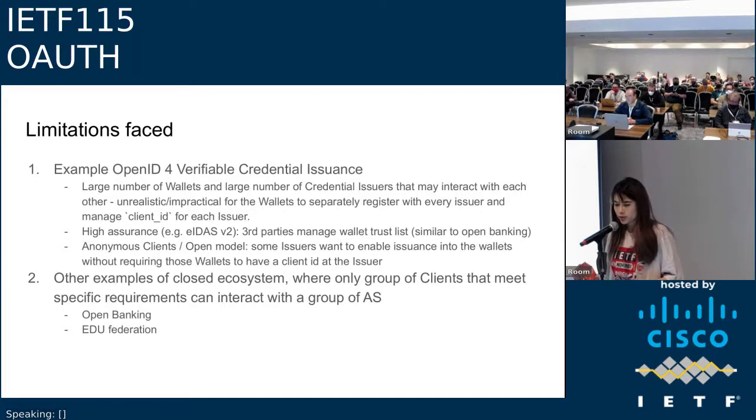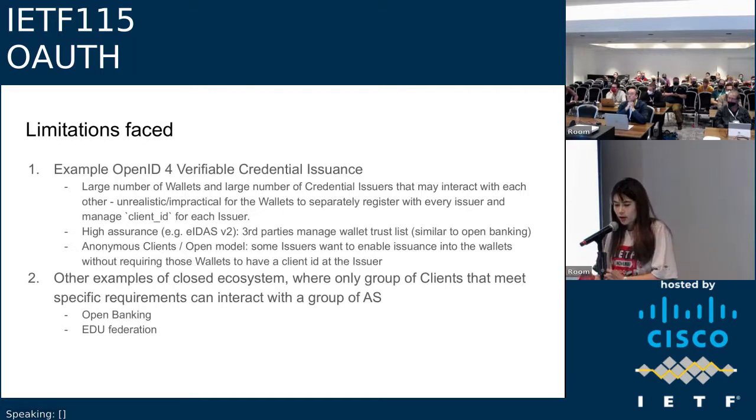But of course, people would ask, how about high assurance use cases? That's close to the second point, with open banking and education federation, where it's a relatively closed ecosystem, meaning there is some kind of third party managing the requirements, either a trust list or a certification. But at the end of the day, the point that there's a group of relying parties wanting to interact with another group of authorization servers is the same.